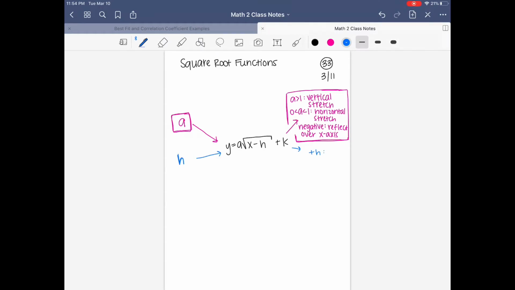That's going to be a shift to the left. If it says minus h, that's going to be a shift to the right. And that's all there is for the h's. If h is 0, or if there isn't an h value, it doesn't move at all to the left or right.